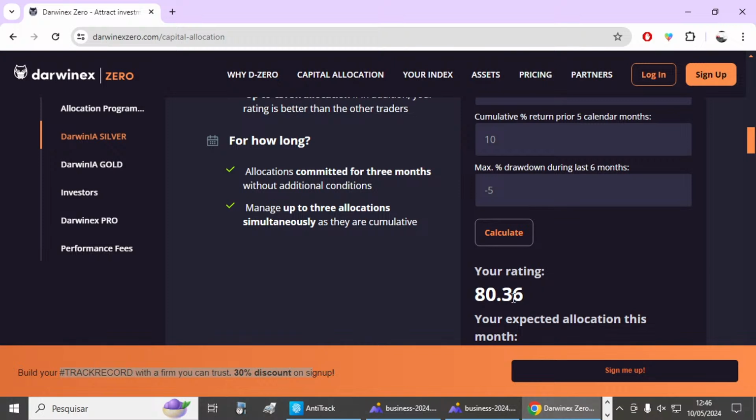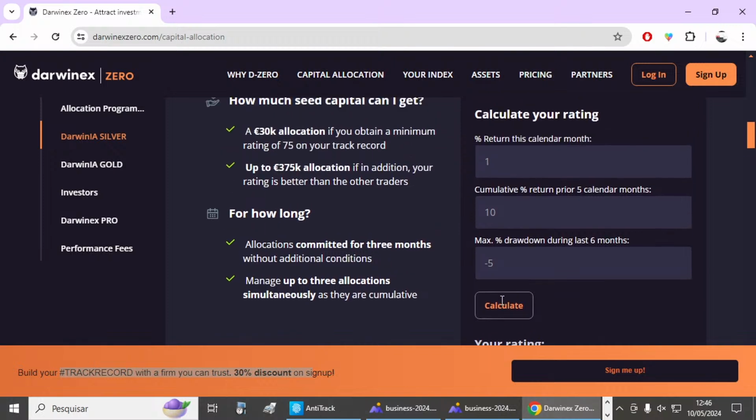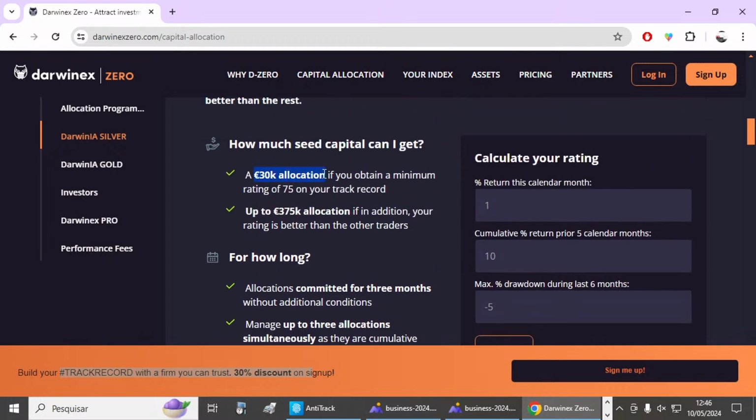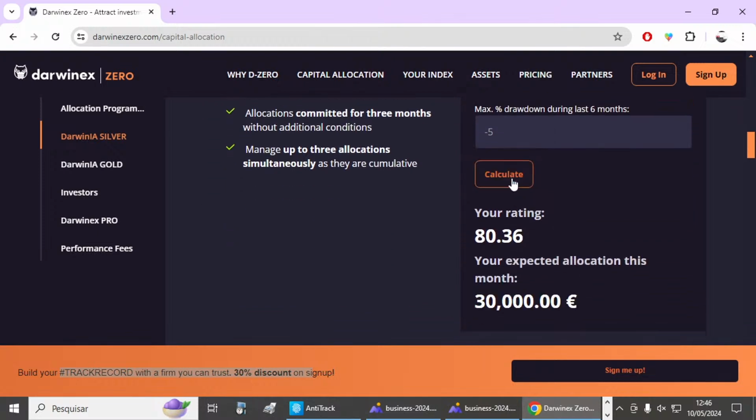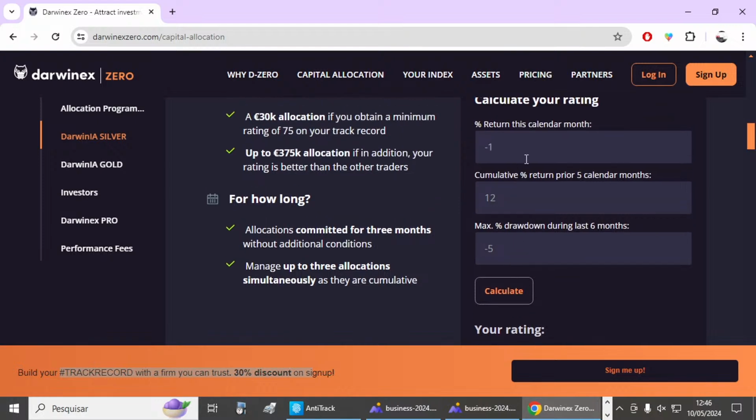If this would be the case, I would get 30,000 euros for me to manage. What if I lost 1% and made 12% cumulatively? Calculate, 75, still good. So everybody, play around a little bit with this calculator.